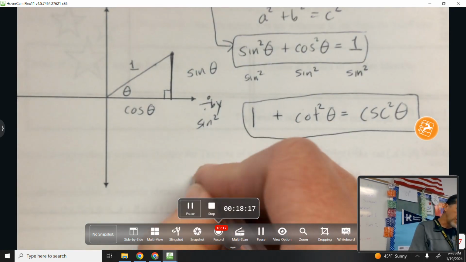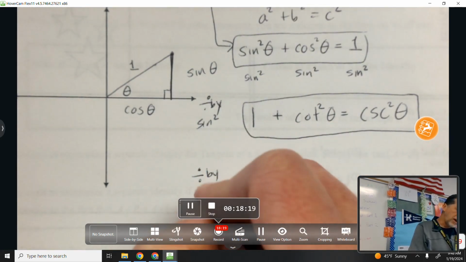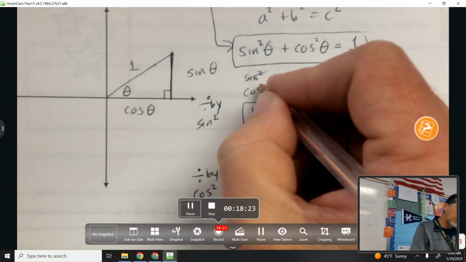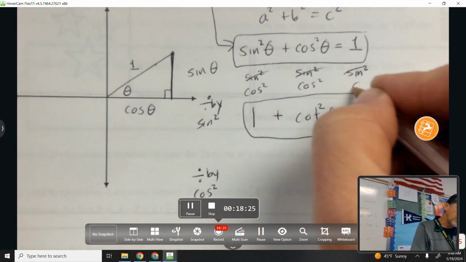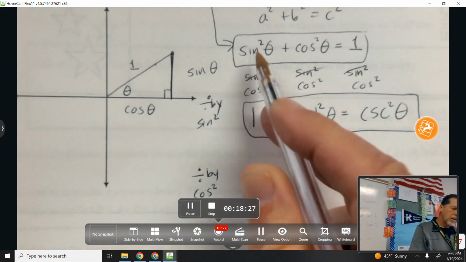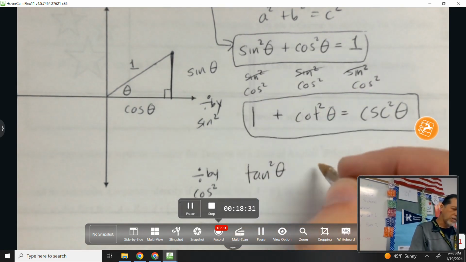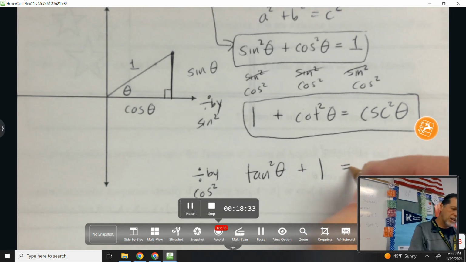And your third one, if you divide by cosine squared, so come back up here and divide them all by cosine squared. Sine squared over cosine squared is tangent squared. Cosine squared over cosine squared is 1. And 1 over cosine squared is secant squared.